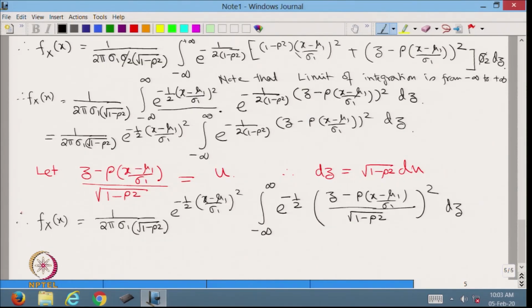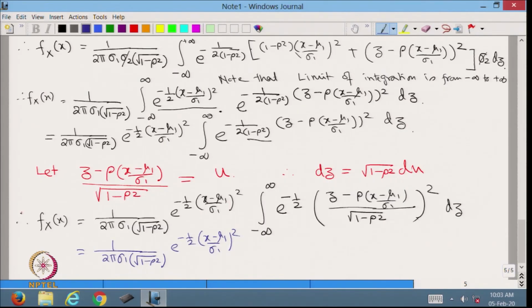So, what we have done? We have taken this inside the square, which we can write as 1 upon 2 pi sigma 1 root over 1 minus rho square e to the power minus half into ((x minus mu 1) upon sigma 1) whole square.